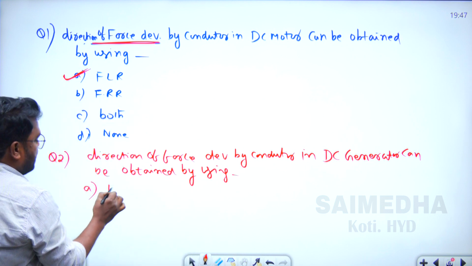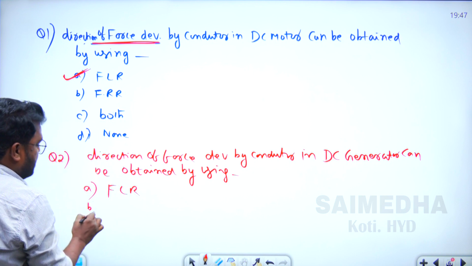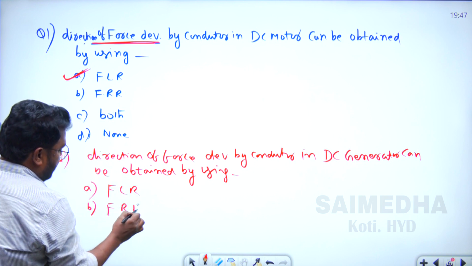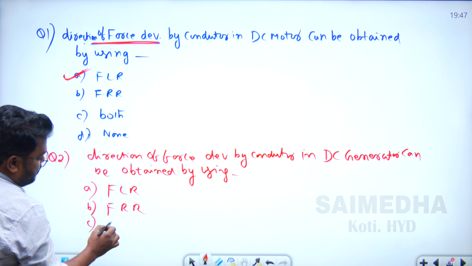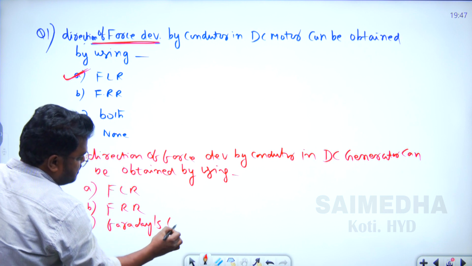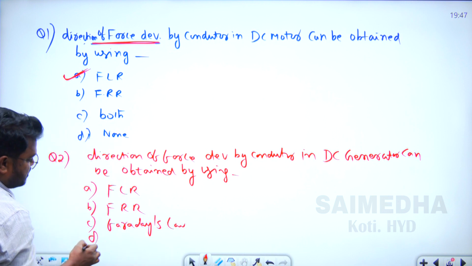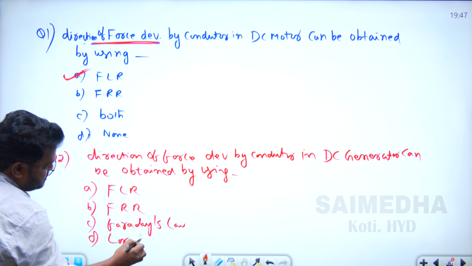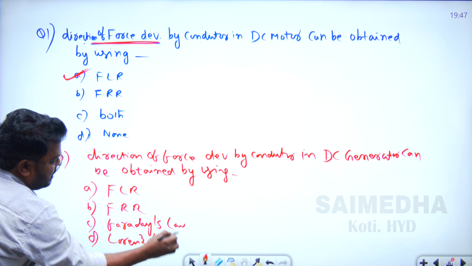Option A, the FLR; option B, FRR; next, Faraday's law, since sometimes we have a question with Faraday's laws; and next, the Lorentz force law. These are the options.